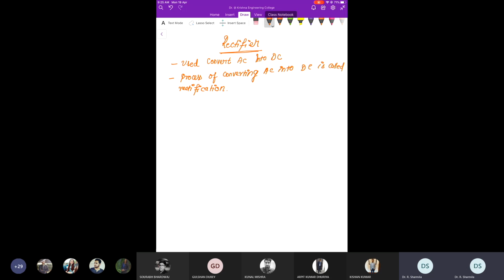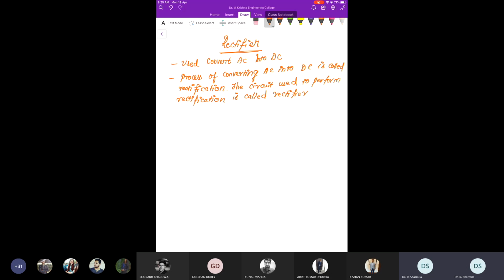So the circuit used to perform the rectification is called the rectifier. Rectification matlab kya hai? You have to convert AC into DC. That is called the rectifier. So please note it down.